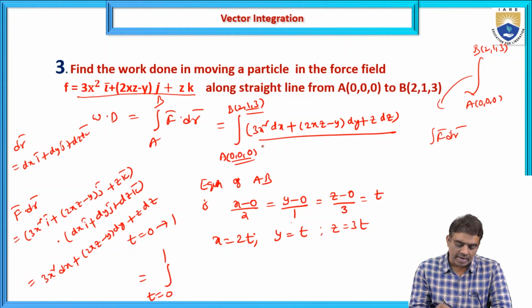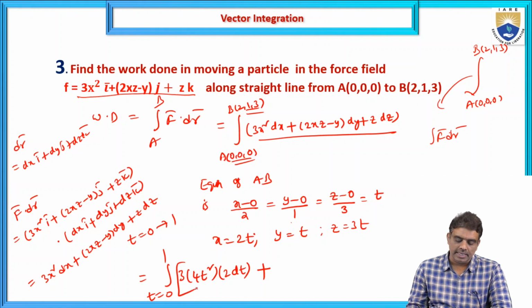Right? So in that way I am transferring all the values. x is equal to 2t. 3x square means 3 into 4t square into dx, and dx means 2 dt. That is the first term.